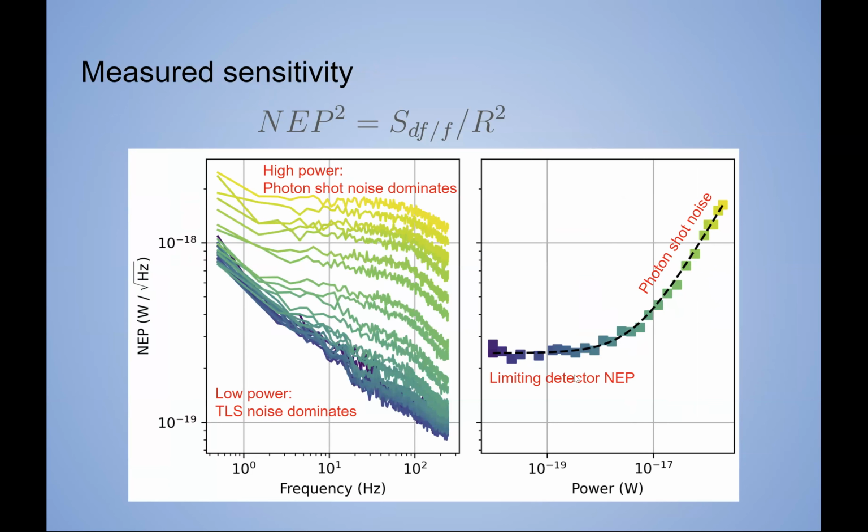And I guess also you could see that the shapes of these spectral distributions follow what I showed earlier, where at really low powers, you see just a 1 over F type slope. And then as you increase the photon shot noise, it becomes flatter and flatter. You're seeing white noise dominating above the TLS.